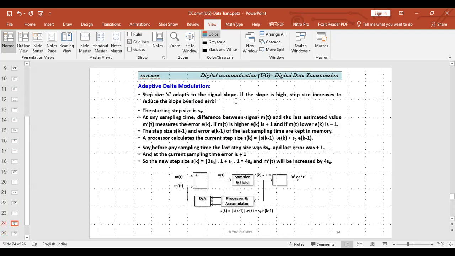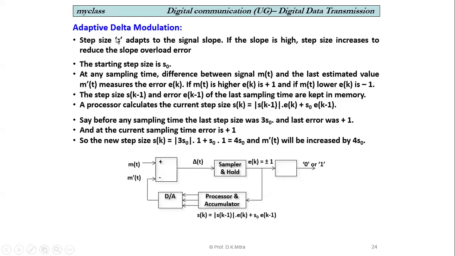Now let's come to the principle, where the principle says the step size S adapts to the signal slope. That is the principle. If the slope is high, step size increases to reduce the slope overload error.